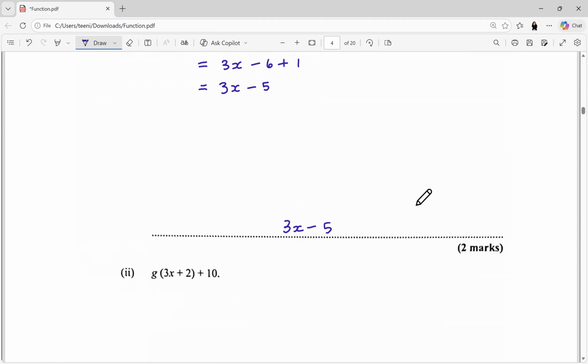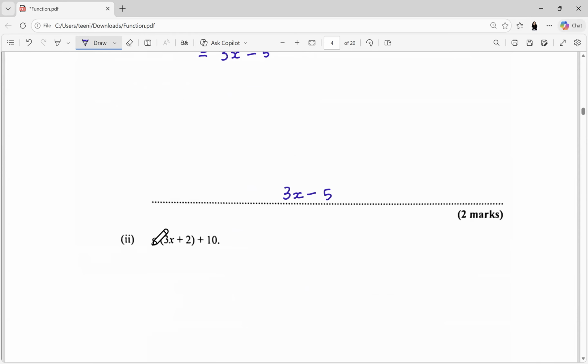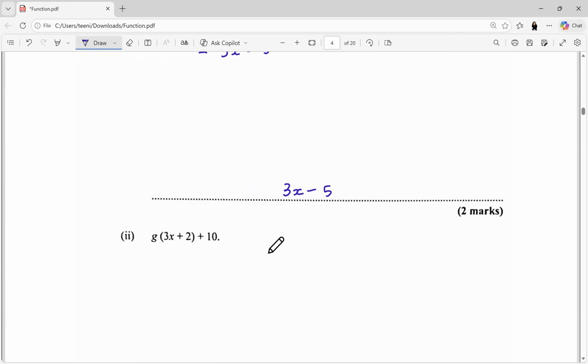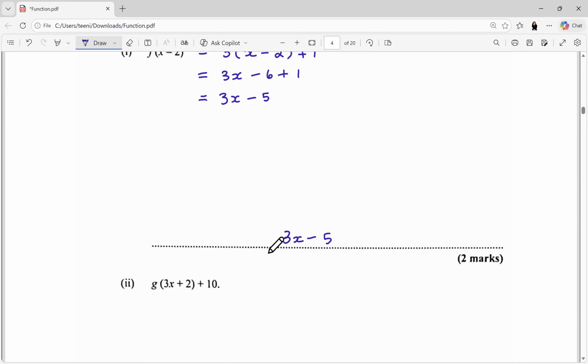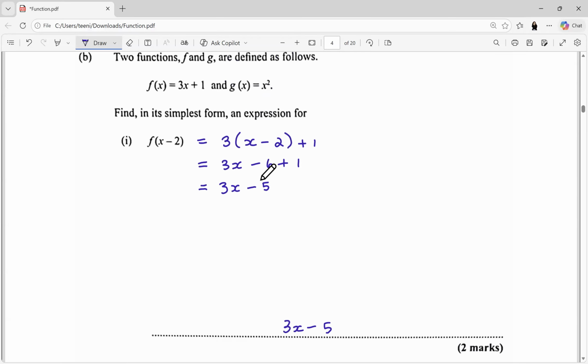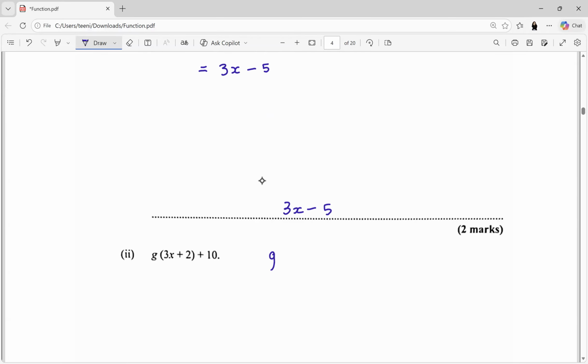Then the other one, g of 3x plus 2 plus 10. So recall the function g of x is x squared. So then g of 3x plus 2 plus 10.